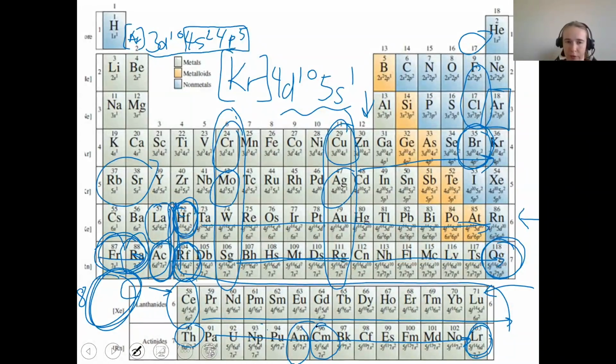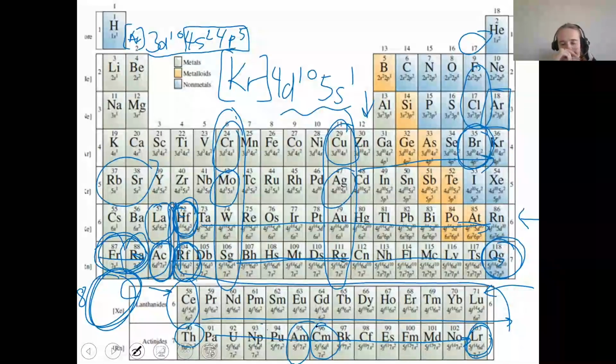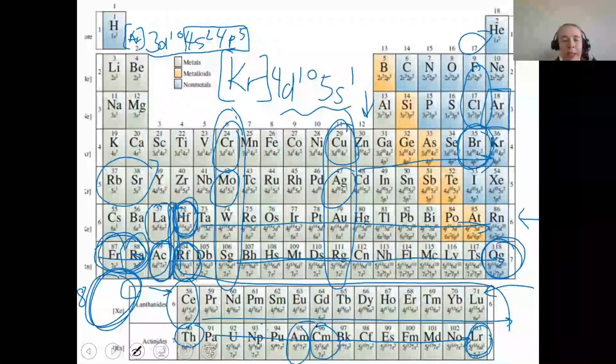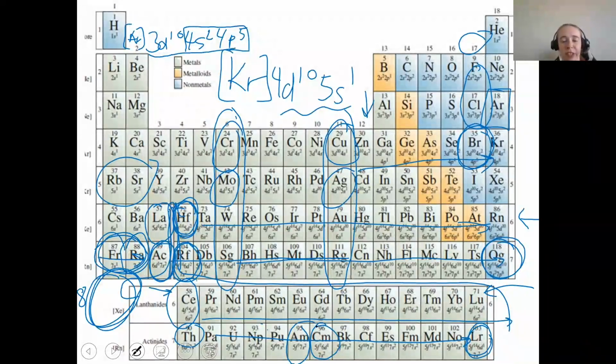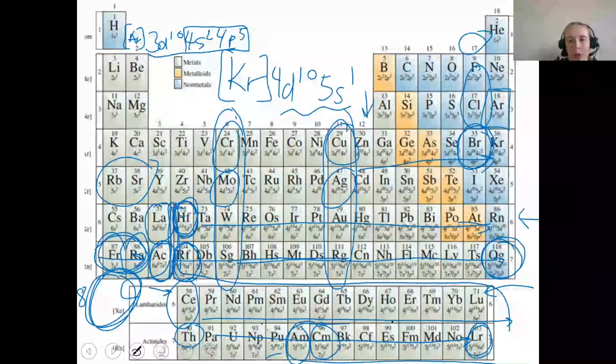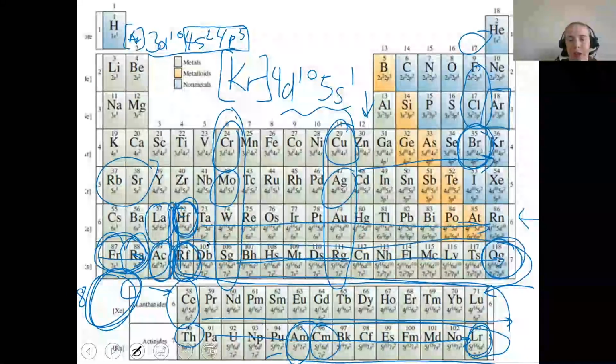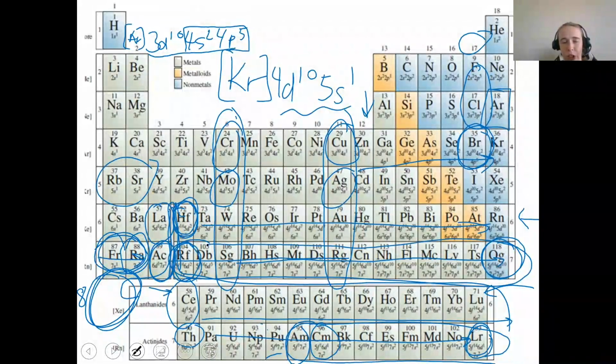She did not discover it, but they named it after her because of her amazing influence on the field of chemistry and physics. So all of the ones after plutonium, so 95 through 118 so far, have been artificially synthesized in the lab.